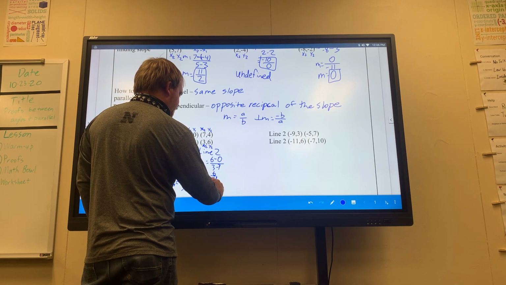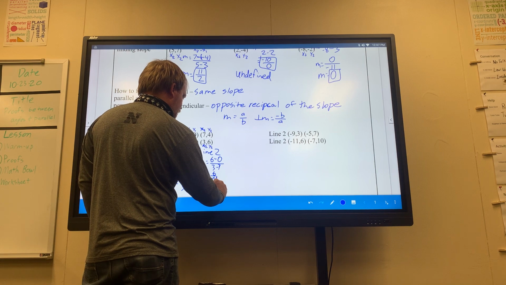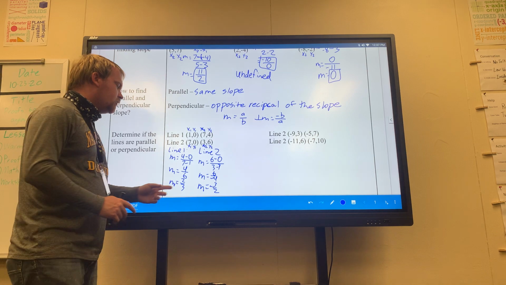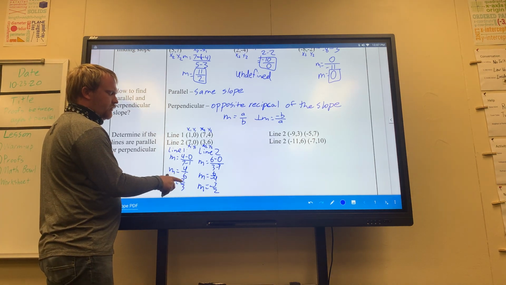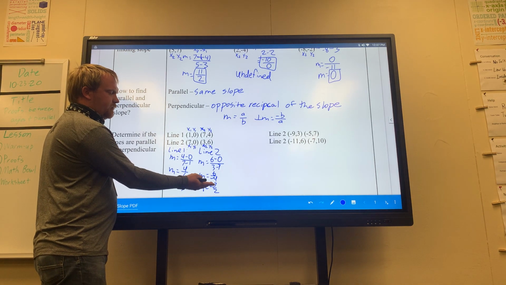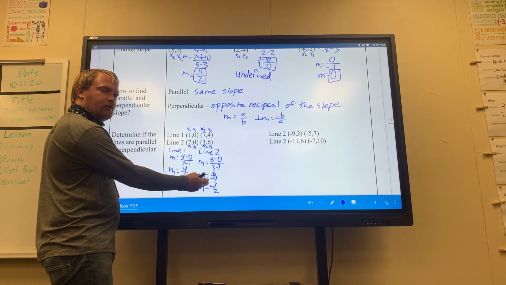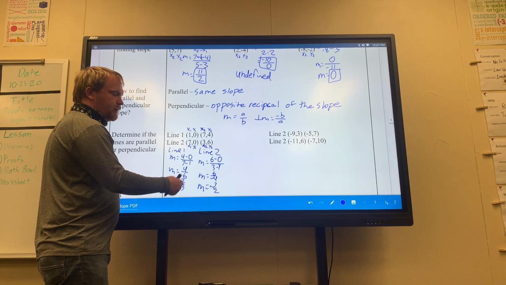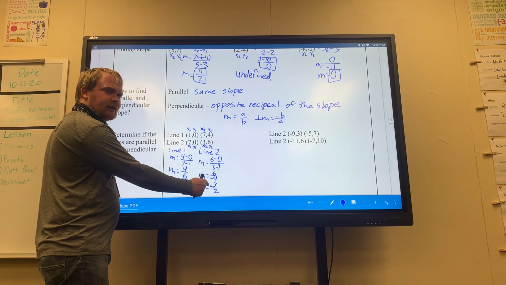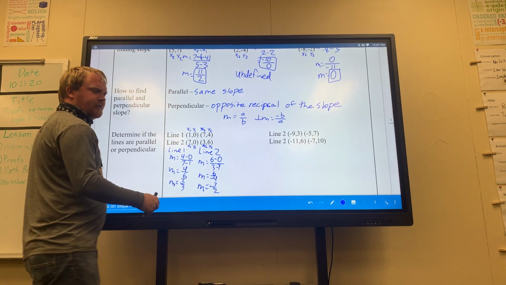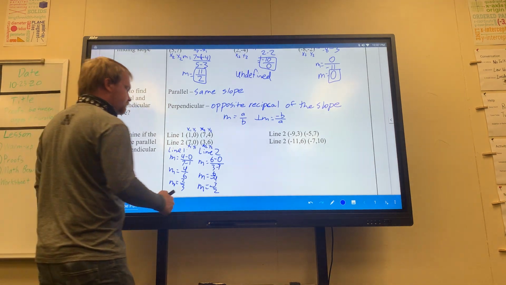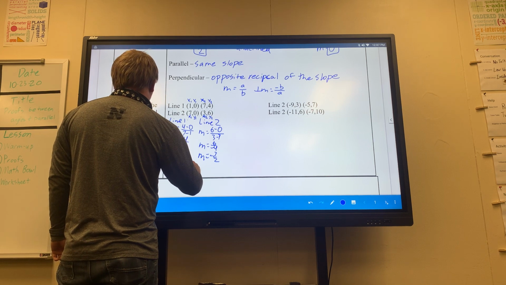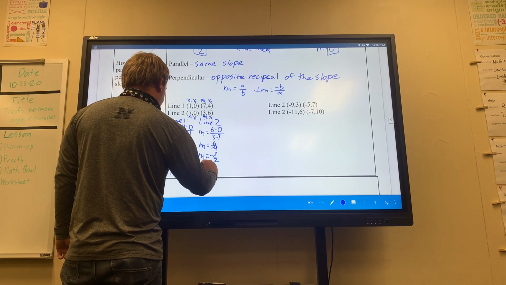And if I simplify that, that's negative 3 over 2. Now notice how I basically flipped it, which the reciprocal of 2/3 is 3 over 2. But also, one's positive, one's negative. So since they're opposite and reciprocal of each other, those two lines are perpendicular.